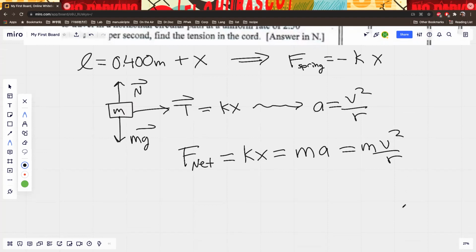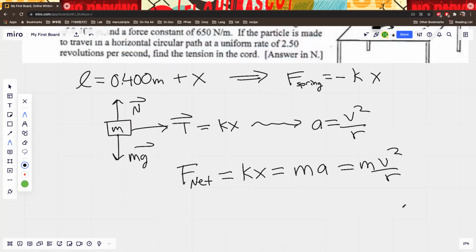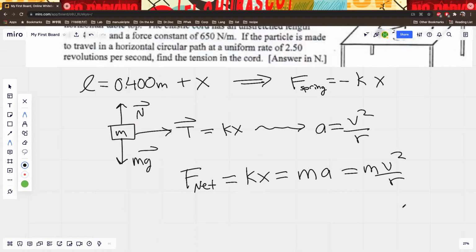Does it make sense? Yeah. So what should we do next? Do you remember what they asked us for? They asked us for the tension in the cord, right? So I guess we solve for F net then, right? Yeah, F net is the tension.